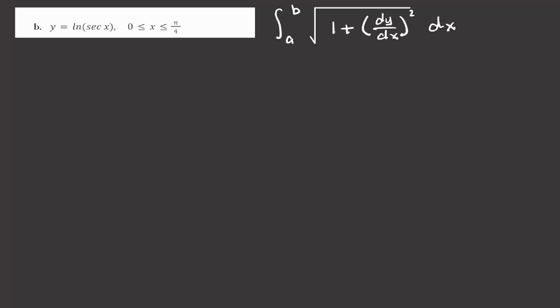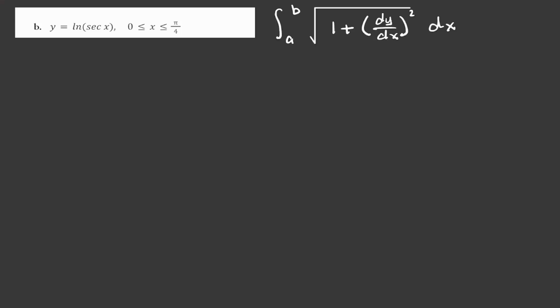The reason we take the derivative with respect to x is because we're given y equals a function of x. However, if we were given x equals a function, then we would take the derivative with respect to y, and we would integrate the function with respect to y.